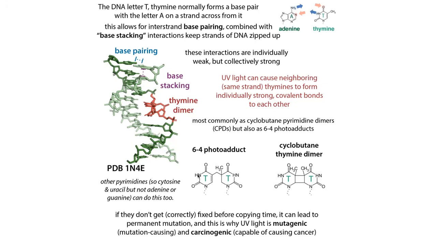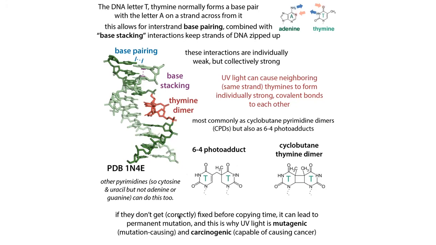You can get things like cyclobutane pyrimidine dimers, such as thymine dimers, as well as other photoadducts. Basically, these are just bad things happening that your cells are then going to have to figure out how to correct using the other strands. If they don't correct it in time, well, then you can get mutations passed on.